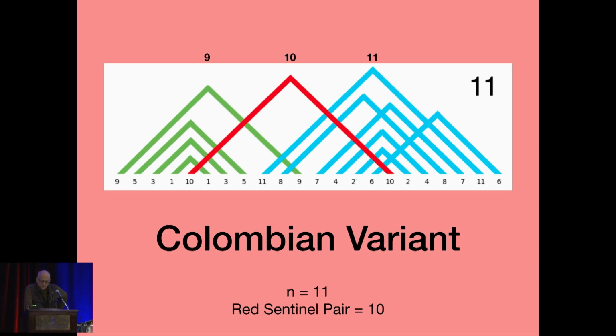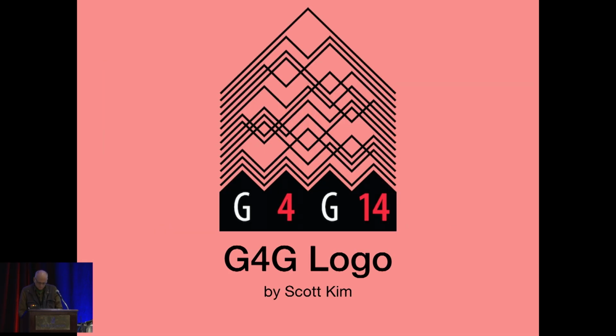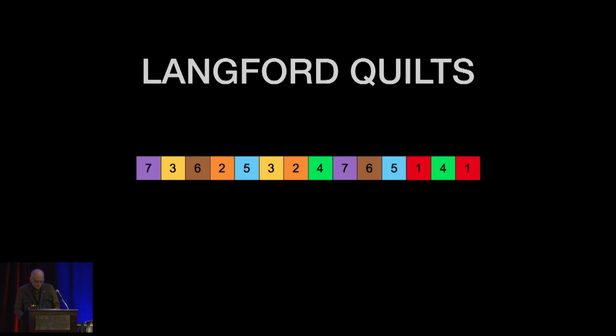The other pairs have one leg inside the sentinel pair and the other leg outside. Very few solutions conform to the Colombian variant, but they're cool. Our Colombian diagram may have been inspired by the Scott Kim logo. I do apologize. None of these things work with the number 14.